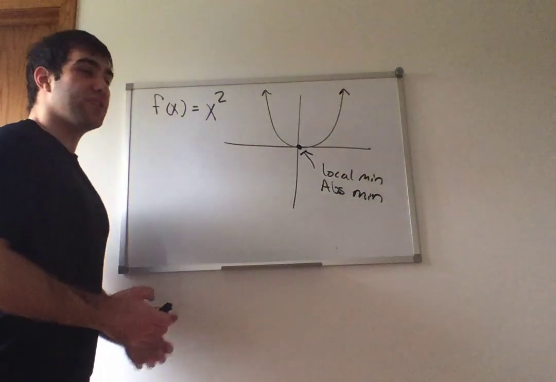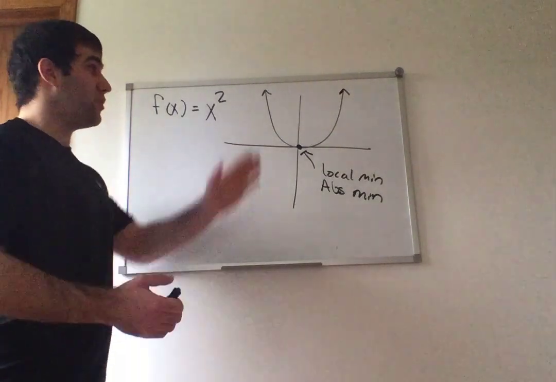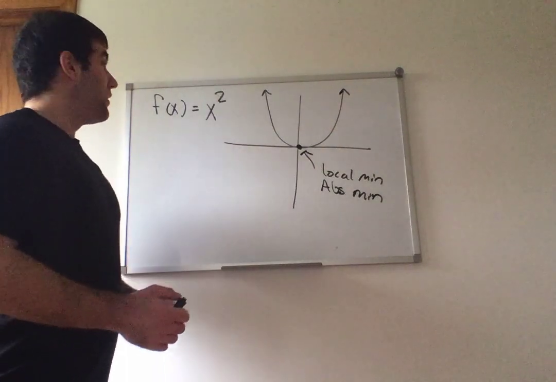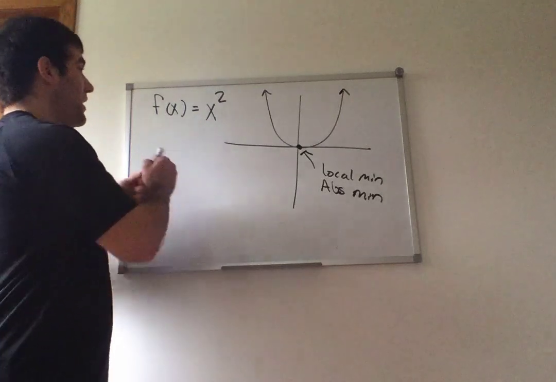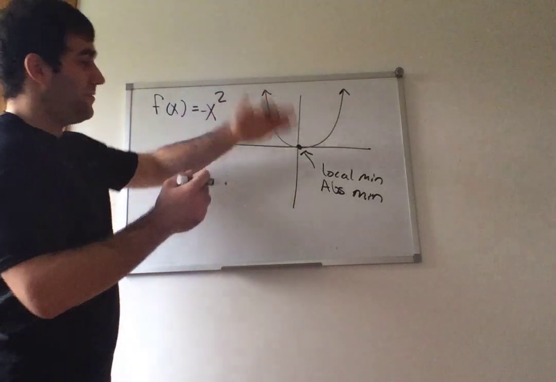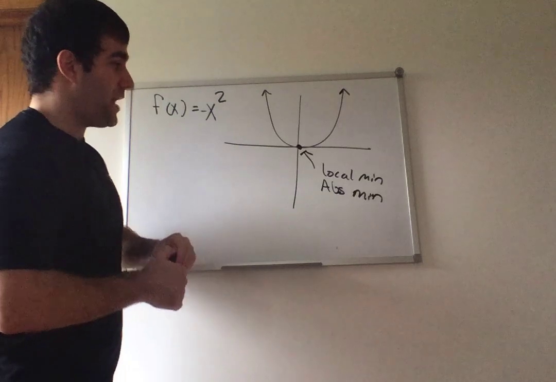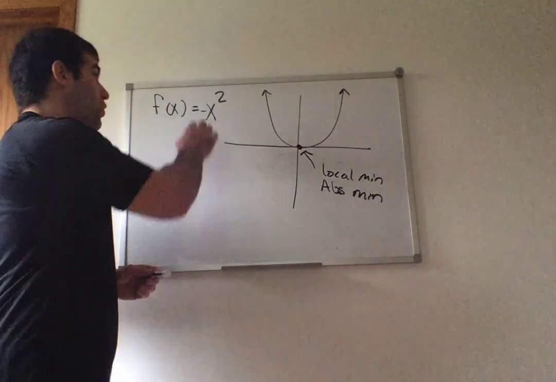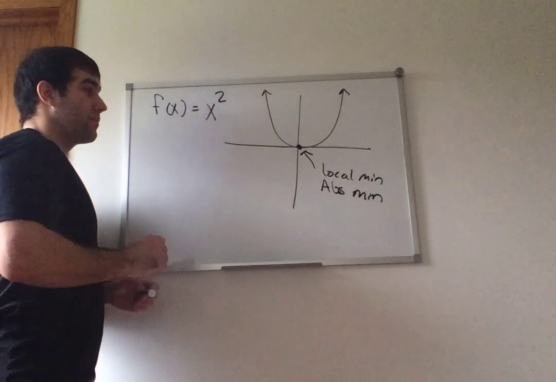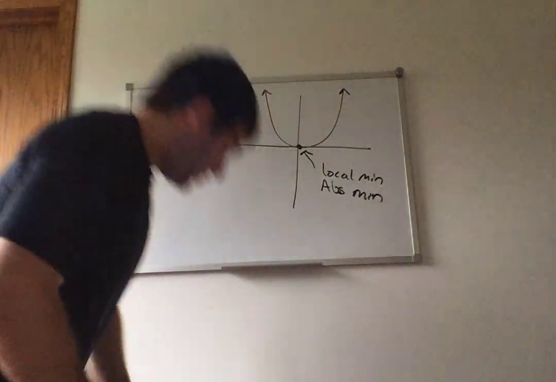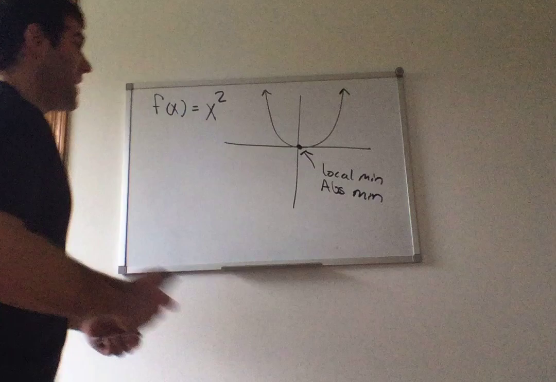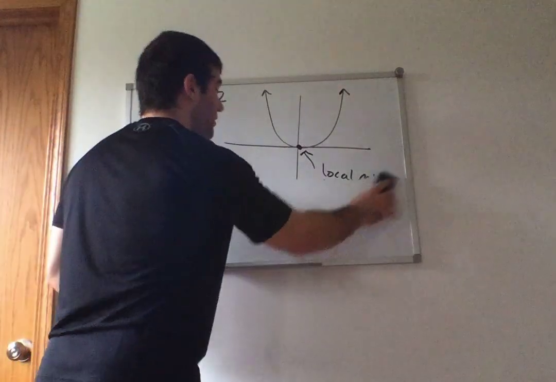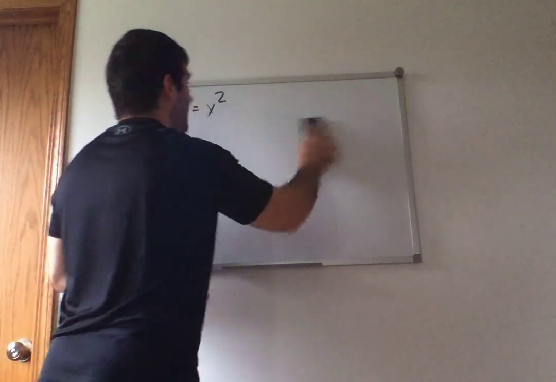For our purposes, we're just going to say it does not have a global maximum. And analogously, if I were to put a negative in front of here, it would be flipped, and it would have a local max, absolute max, but it would have no local minimum, okay? So that's just a special example. You don't always have to have absolute mins or absolute maxes.